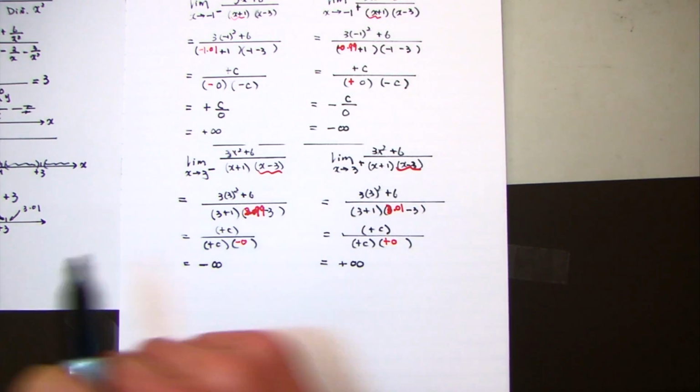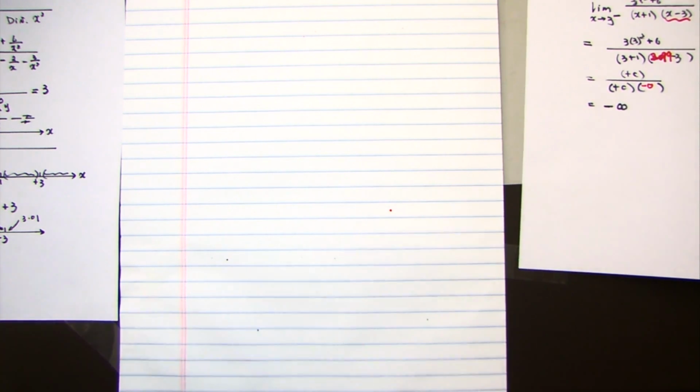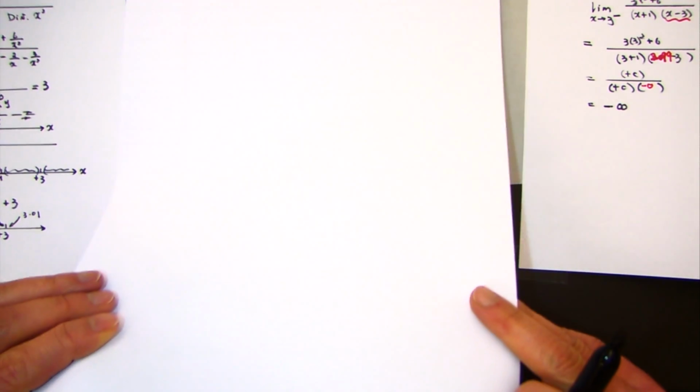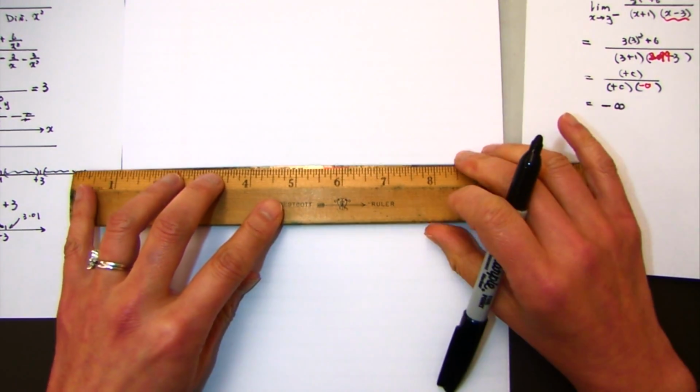Okay, so now we can just sketch this graph. Okay, all right, here's all the information about this graph. Let me get a fresh sheet of paper, it'll be a little bit easier. Put it here.